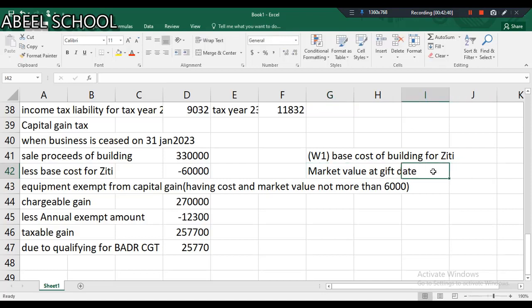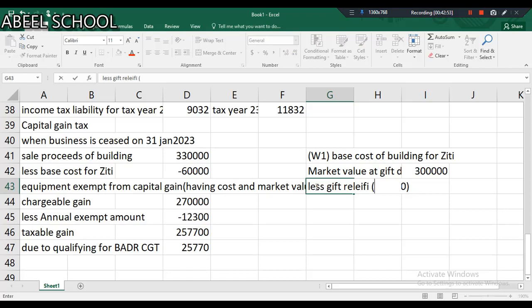Market value on gift date was 300,000, and definitely the gift relief was 240. Just deduct gift relief, minus 60,000.